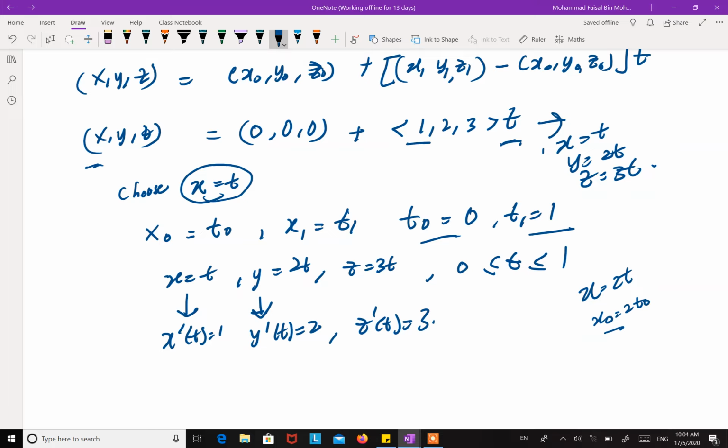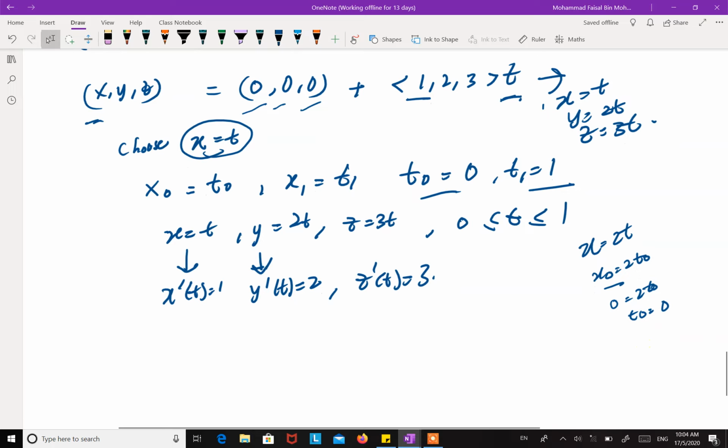Your x naught is 0, y naught 0, z naught 0. So 0 equals to 2t naught, so your t naught will be 0. x1 will be 2t1, x2 2t2, x3 2t3, and so on.